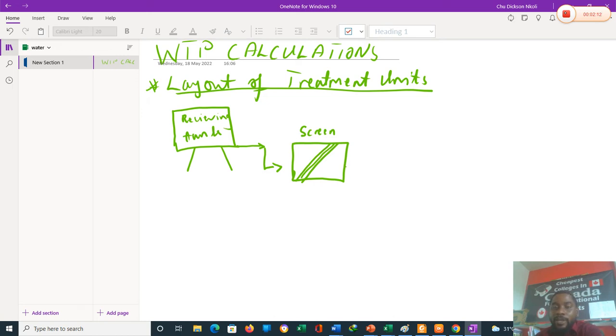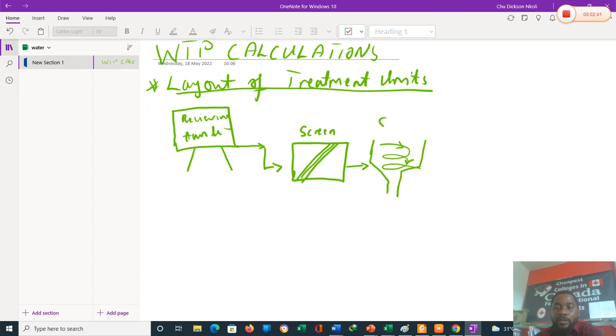From here, we send the water to the next unit, which can be circular or rectangular, and this is the grit remover chamber.